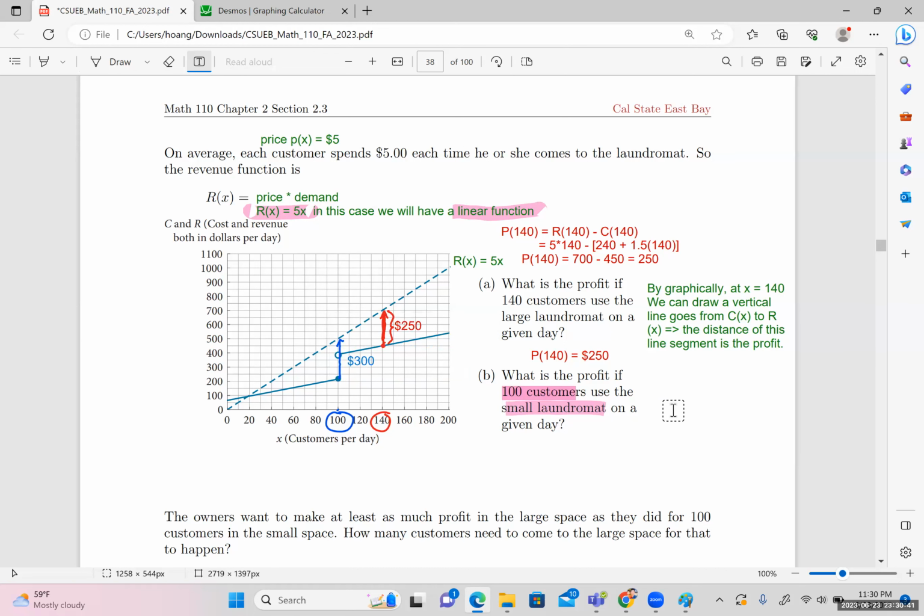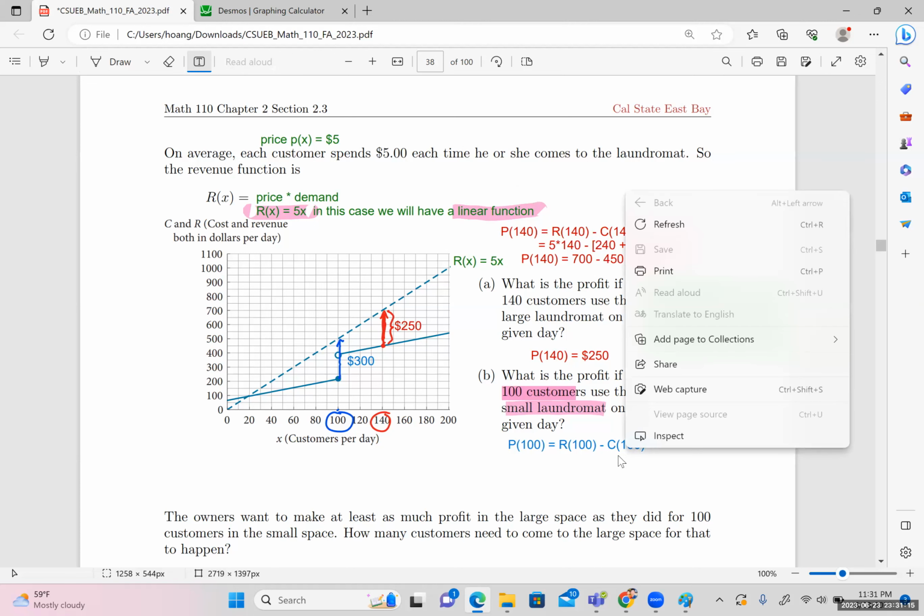Okay, so how can we calculate it by algebra? Let's calculate P of 100. We're going to use the revenue of 100 minus the cost of 100. Keep in mind that this cost is supposed to be for the second space, but this one is for the first space.